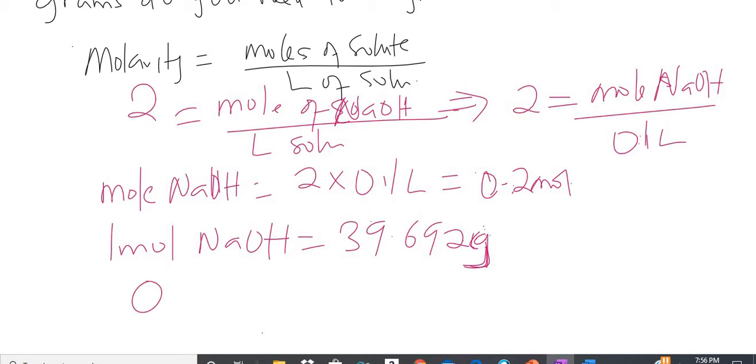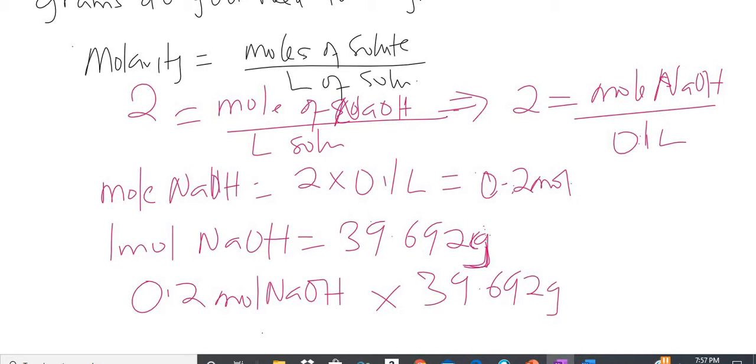Our given becomes 0.2 moles of sodium hydroxide times, using our relationship, 39.692 grams of sodium hydroxide over 1 mole of sodium hydroxide.